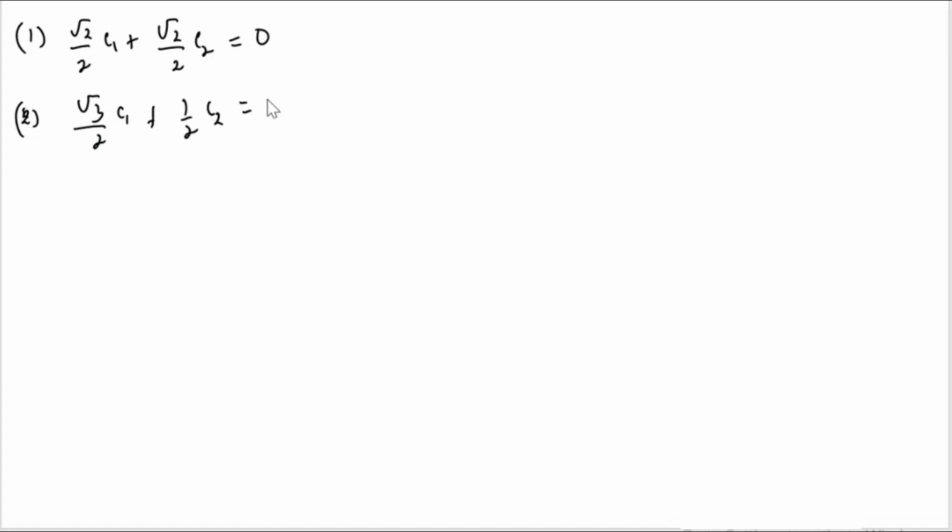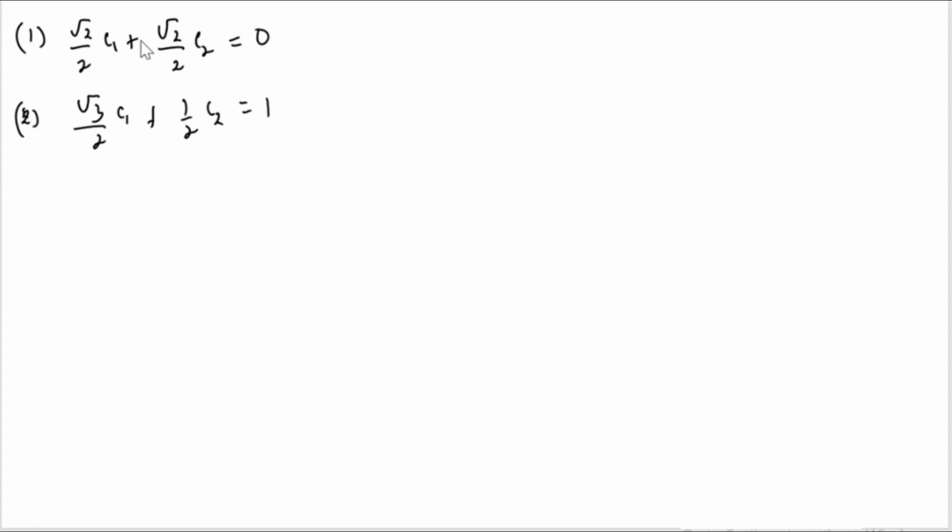Okay, from equations 1 and 2, I write it again: square root of 2 over 2 of c sub 1 plus square root of 2 over 2 of c sub 2 is equal to 0. And the second equation: square root of 3 over 2 of c sub 1 plus 1 half of c sub 2 is equal to 1. In this case, I will use a substitution method to solve.